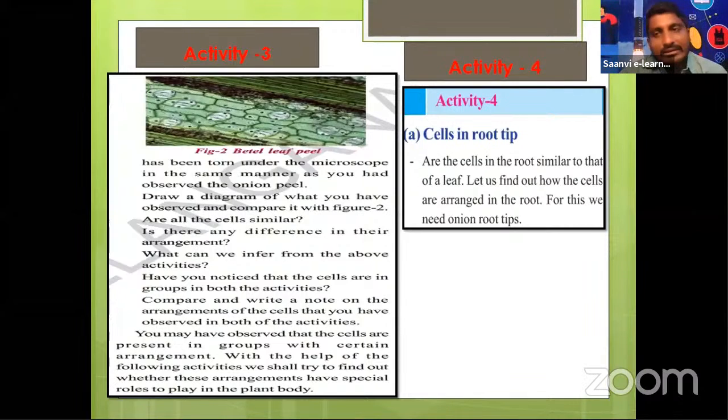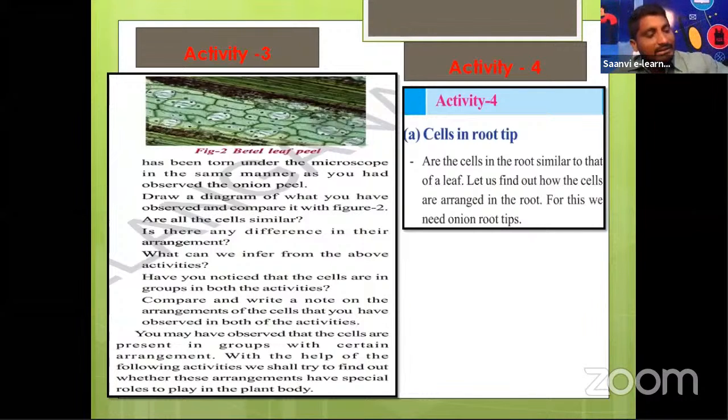Like that, the guard cells, which are bean shaped or kidney shaped, surround the stomata and give protection for the particular stomata, which is involved in the exchange of gases.